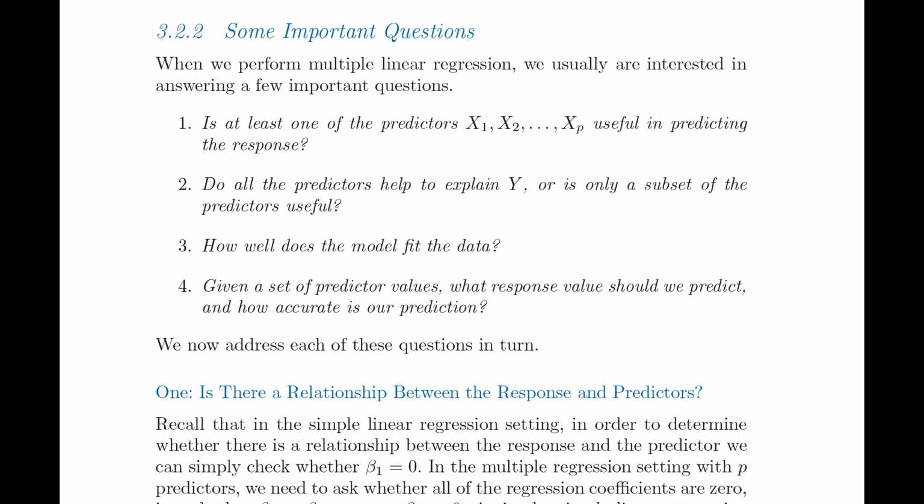This is where we saw that maybe the newspaper expenditure isn't that helpful. How well does the model fit the data? Given a set of predictor values, what response value should we predict, and how accurate is our prediction?